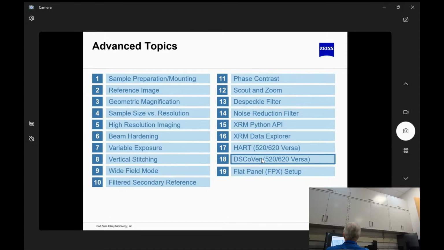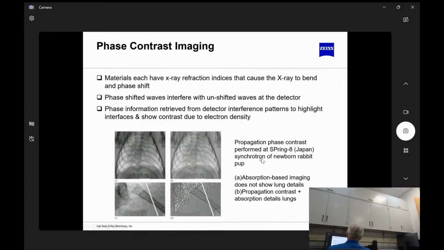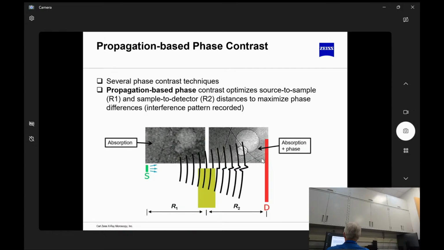Okay, I'm going to go back to phase contrast. So phase contrast is something for low intensity, low attenuation materials around voids and things like that.